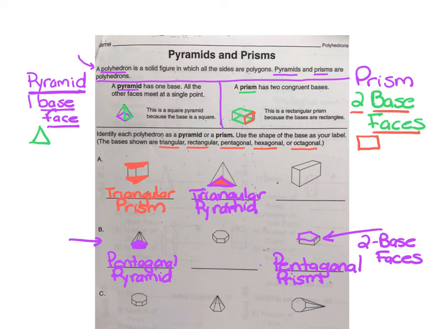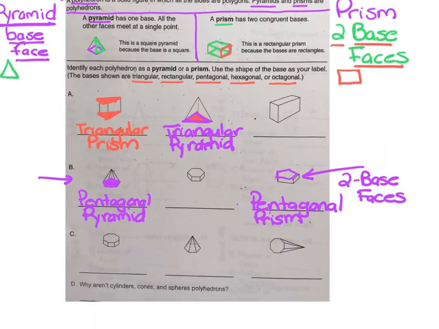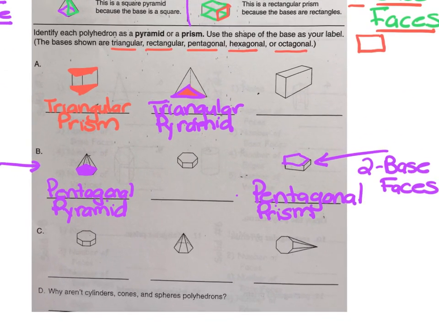Let's move on to the very last row. Take a look at the last solid on the page. It's been tipped over, but we know that there is only, if we were to put it right side up, one base face. So clearly, this is a type of pyramid.